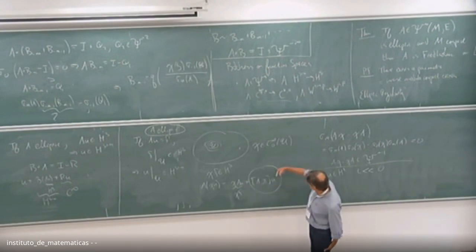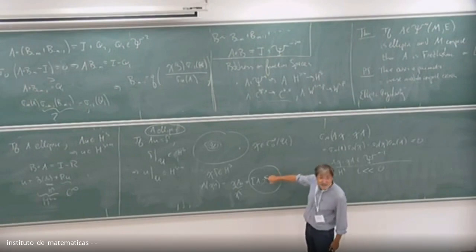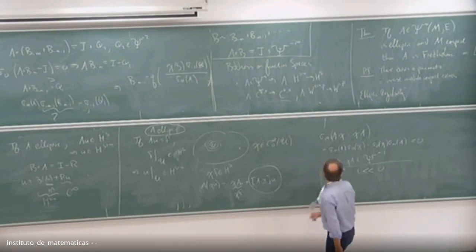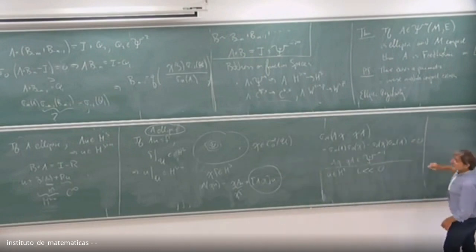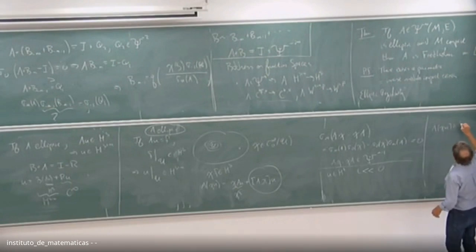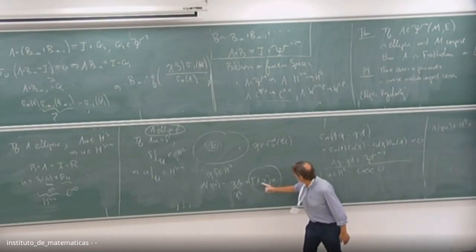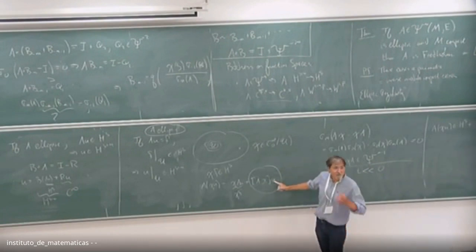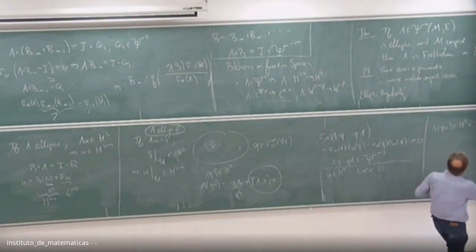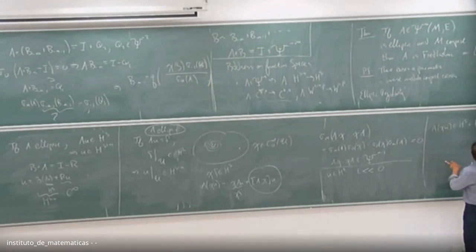And this guy, well, this is in H^t, and then I differentiate it. So A of chi u is in H^s plus, so that's the H^s part. This guy is in H^t, but m minus 1 orders less, so plus H^(t+m-1).